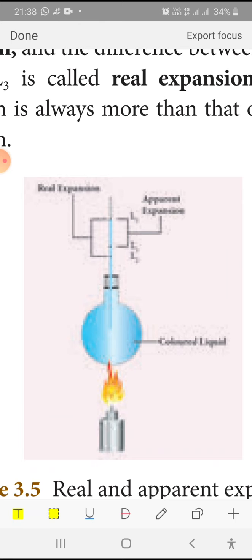It is reduced to L2 because, as soon as you start heating, the heat won't be transferred to the liquid at first, but it will make the container expand. So the level of the liquid is reduced. Then on continuous heating, the heat is transferred to the liquid and the liquid starts expanding.